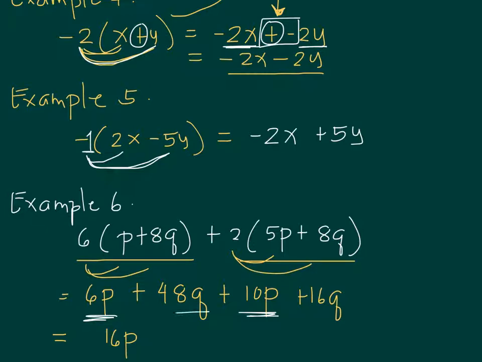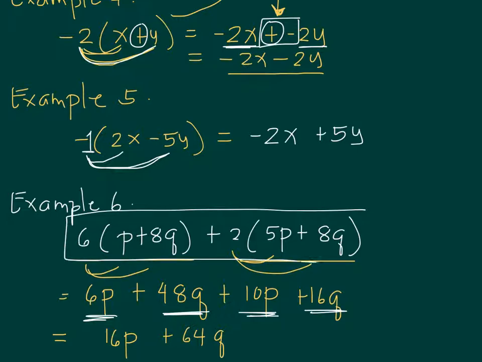Then I add 48q and 16q, and that is equal to 64q. So that's the simplified expression for 6 times p plus 8q plus 2 times 5p plus 8q.